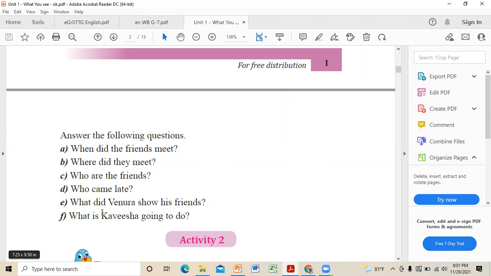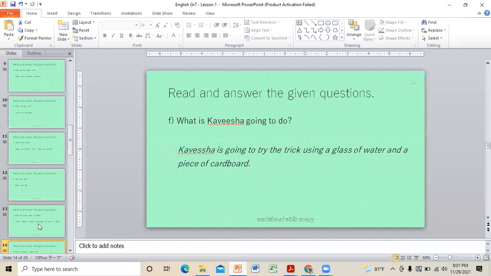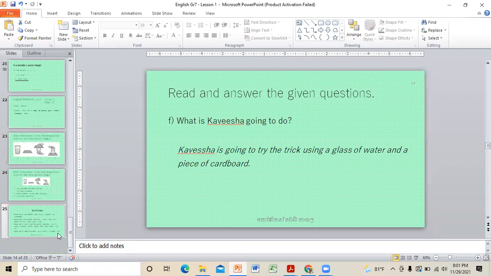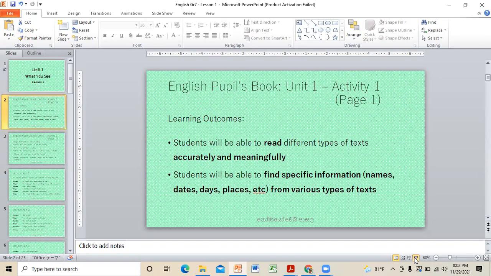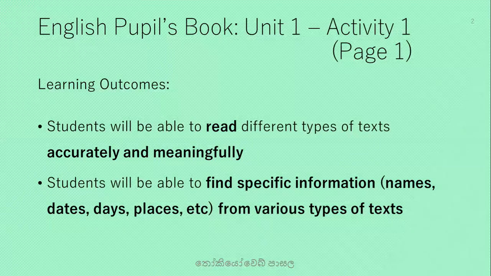So we need to identify the question properly so that we can find the answer, right? So to end today's lesson, I will go back to the learning outcomes, right? So these are the learning outcomes I told you.